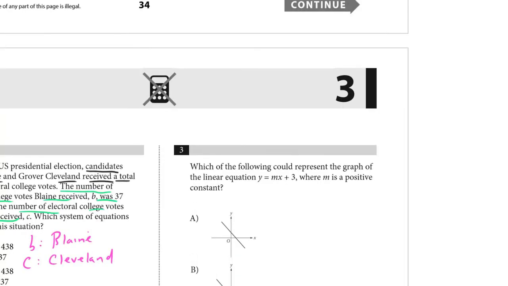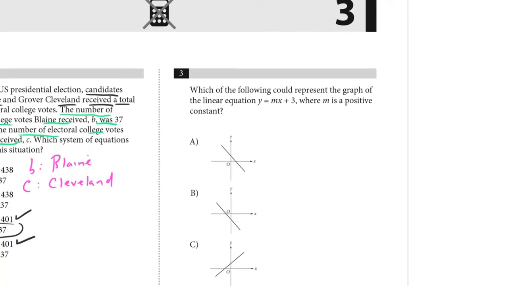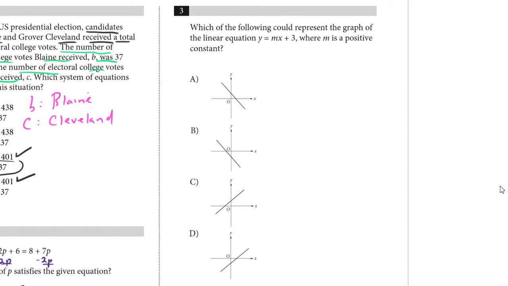Going over to question 3 now. We're hearing that m is a positive constant, and m is the slope. And slope is rise over run as you go from left to right.